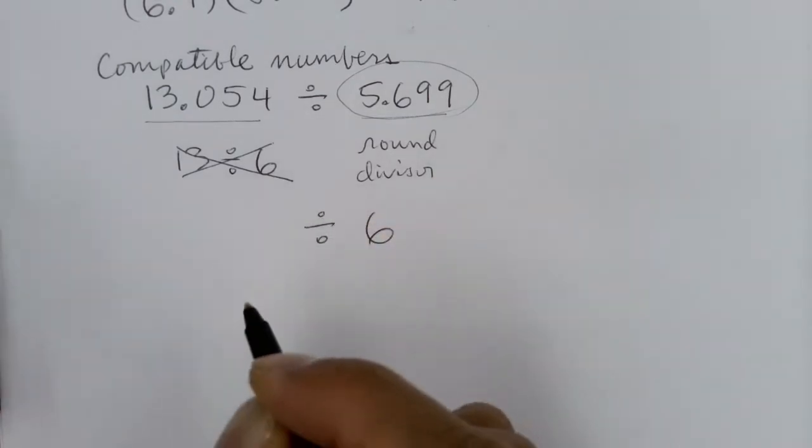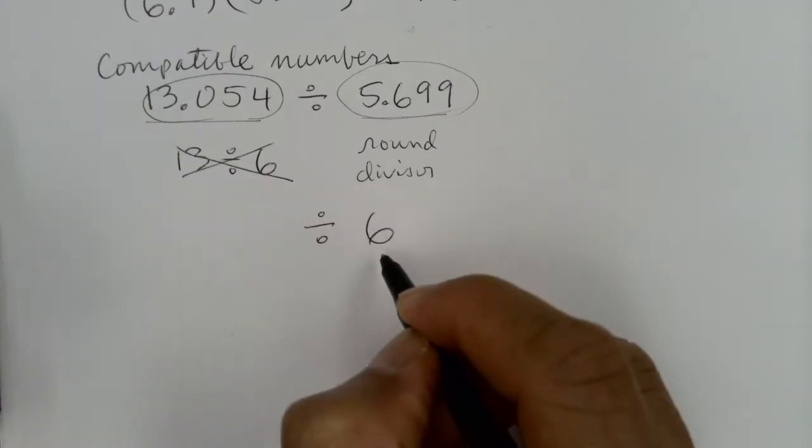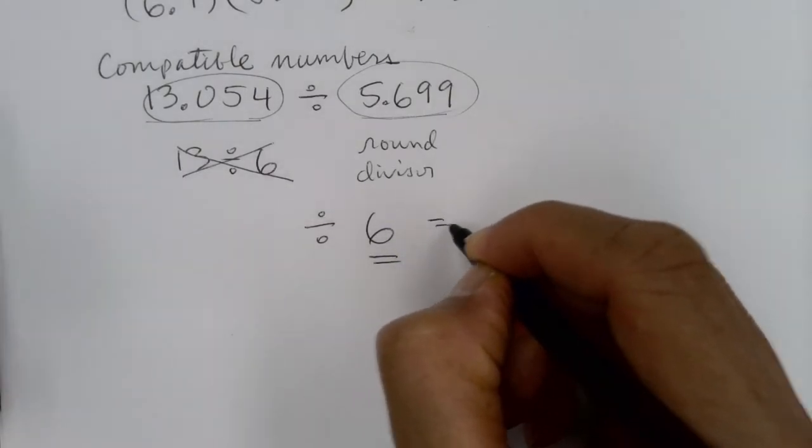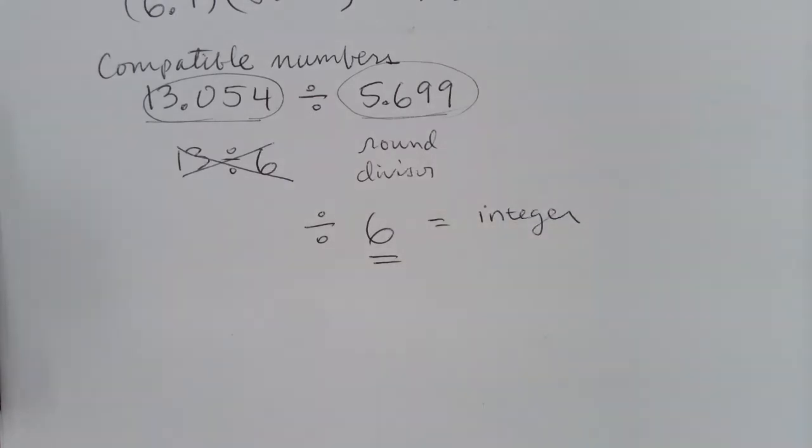Now, I'm going to round my dividend not to the nearest number, right? That would have given me 13. I'm going to round it to the nearest multiple of my divisor because that's going to give me an integer, and it's also going to make it easy to do my division.